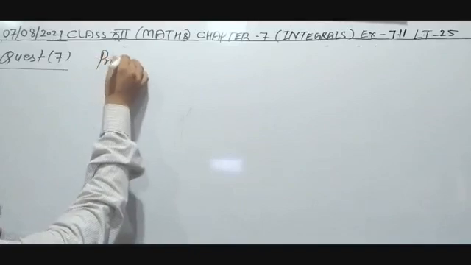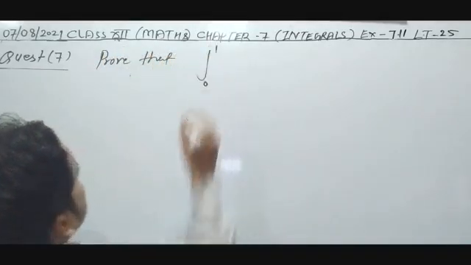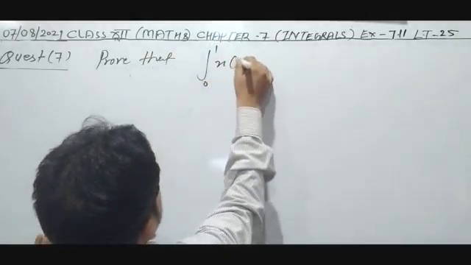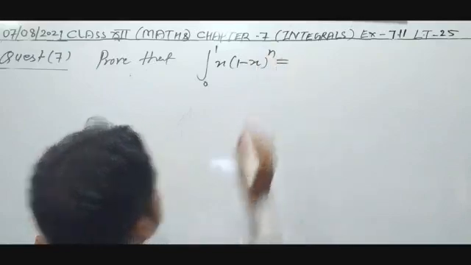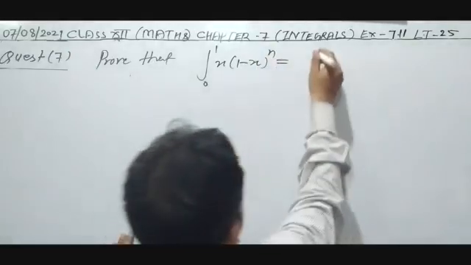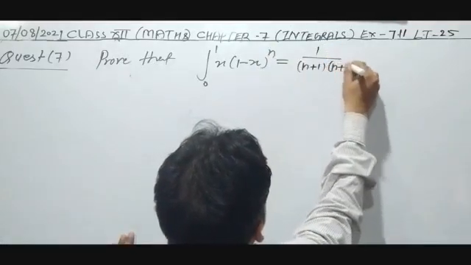Prove that the integration from 0 to 1 of x times (1 minus x) to the power n is equal to 1 upon (n plus 1)(n plus 2).